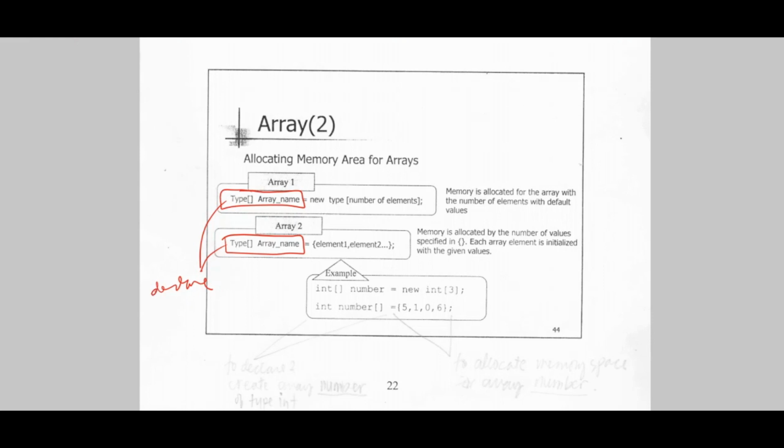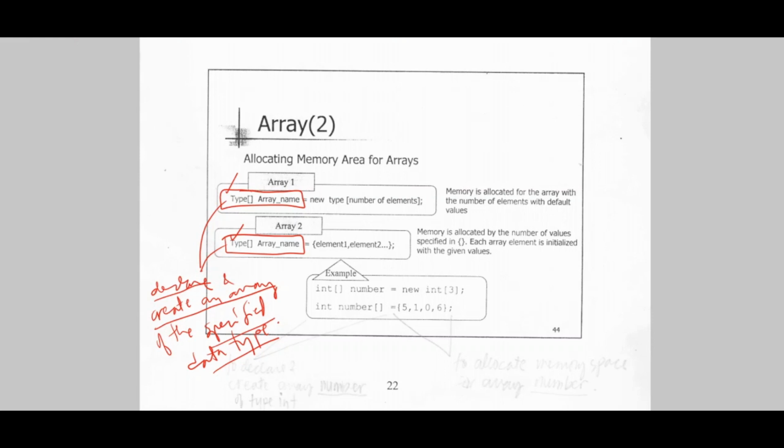This is simply to declare and create an array of the specified data type. We are not yet allocating actual memory spaces for the array or for the array elements.